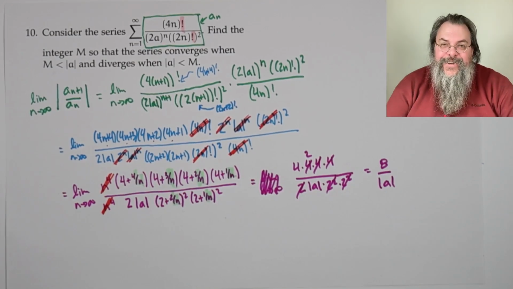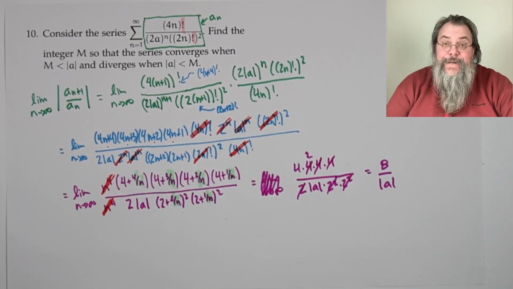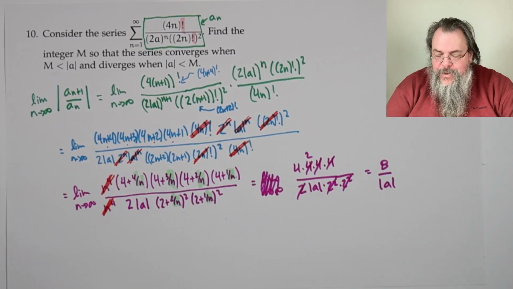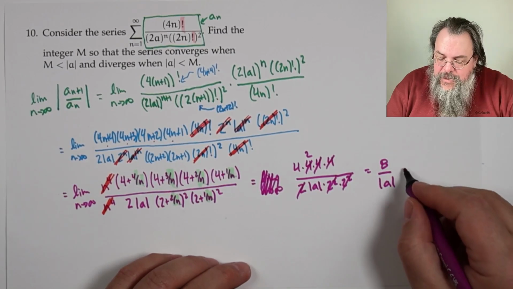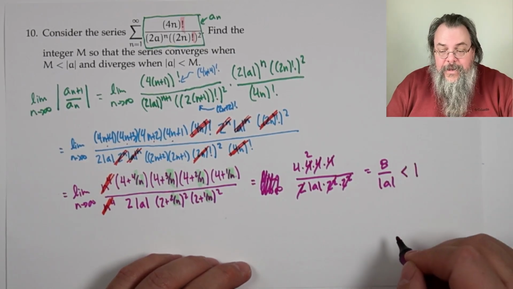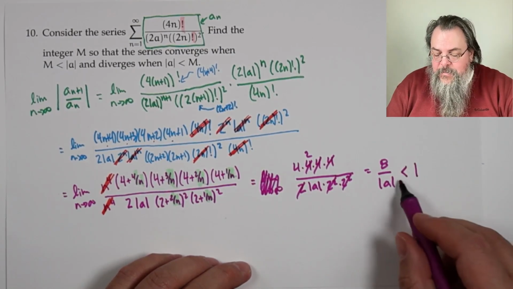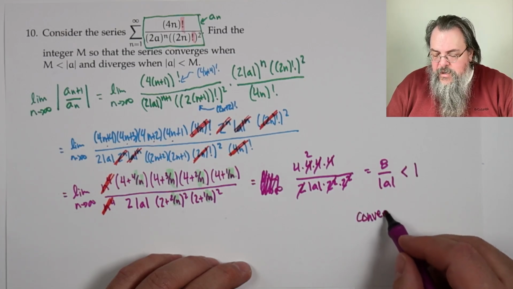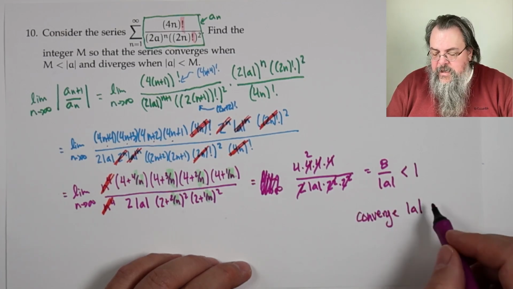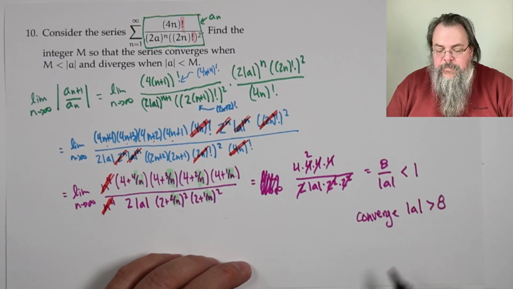We have made beautiful progress. Now, this will converge when this is less than 1. Rearranging, you multiply the absolute value of a through, so we converge when absolute value of a is greater than 8.